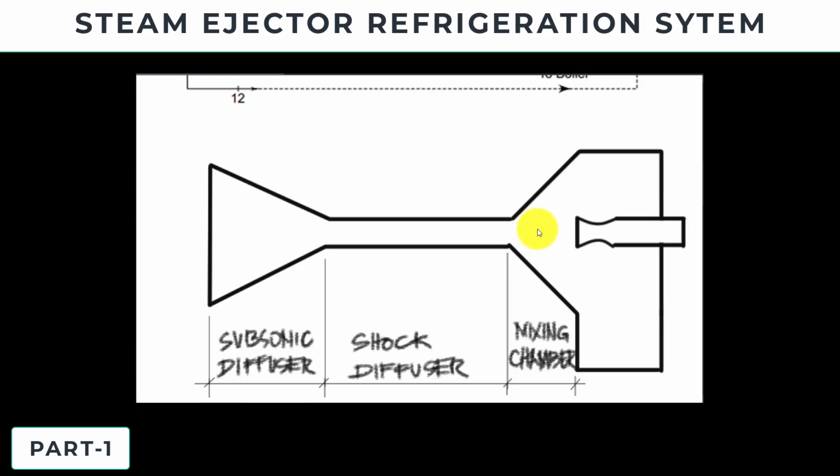This is where the vapor coming from your flash chiller and the motive steam are mixing before entering the shock diffuser and going to your subsonic diffuser.